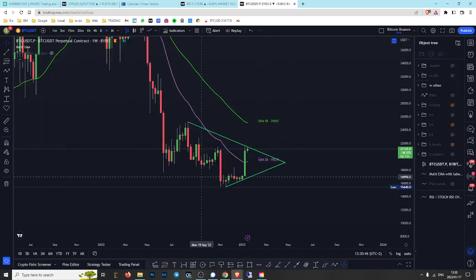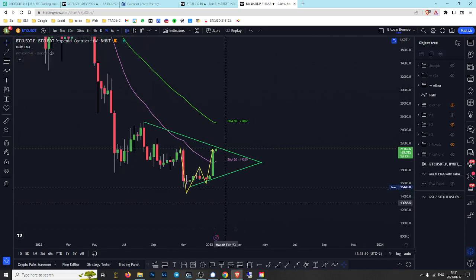And then the other thing is also just looking at the weekly. It's at a very big run up here, so normally after a run like that you just have to have a bit of a rest period, a bit of a pullback before going back up. And also, it would be healthy just to come and retest at least this 20 EMA. Then the other reason for it to come down is there's this big reversal pattern on the daily and weekly chart, this W pattern.